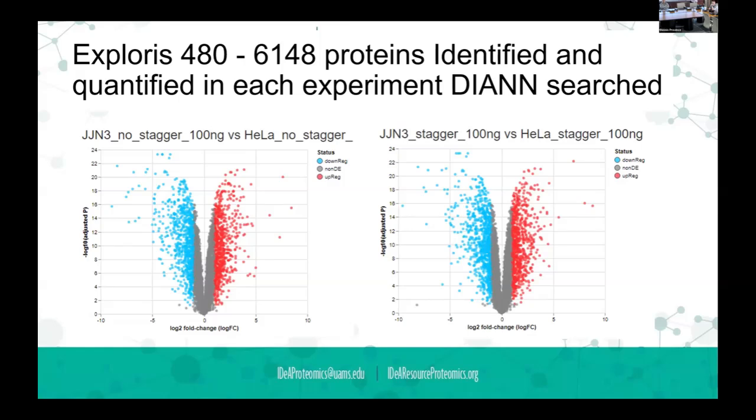These are the volcano plots for each one of those. The one for no staggered is on the left, and the one for the staggered is on the right. Even though that other number was 61%, those volcano plots look eerily similar, and you can even see some of the groupings up there.